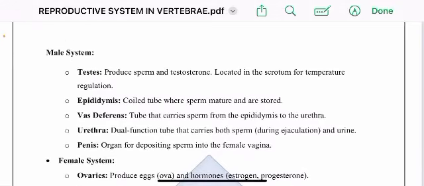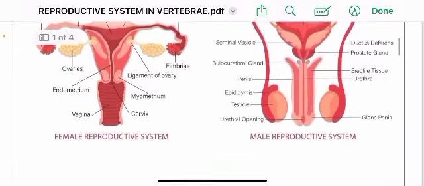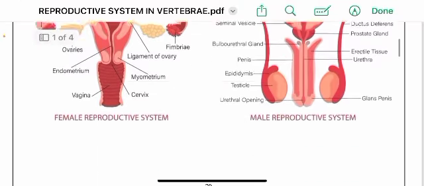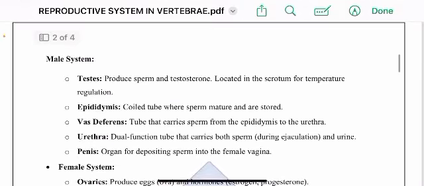Now for the male system, the testes. Now going back here, the testes produce sperm and testosterone.